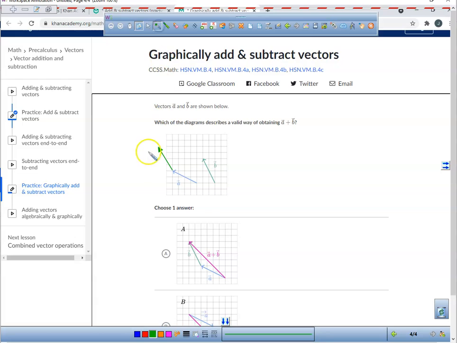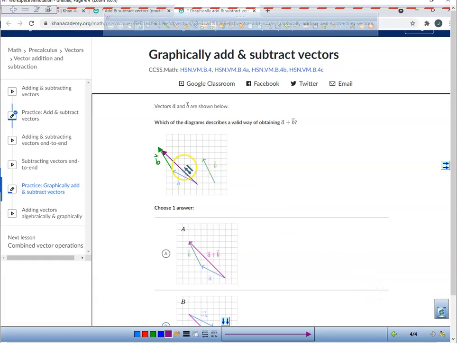I'm just drawing it right here. There's vector B. So there's A, there's B added together. Does everybody understand what this means from here all the way there?